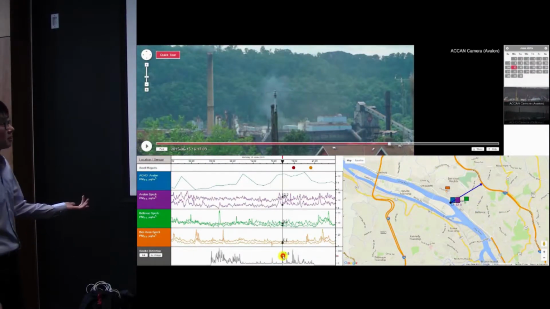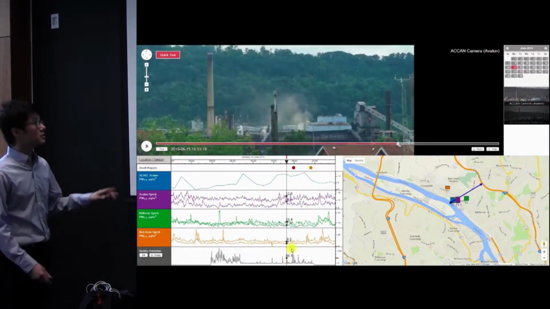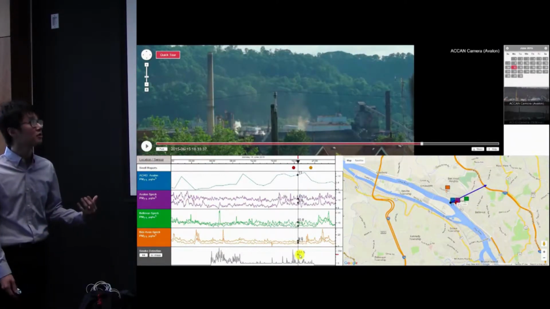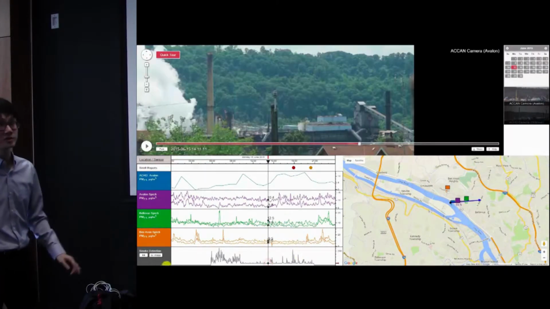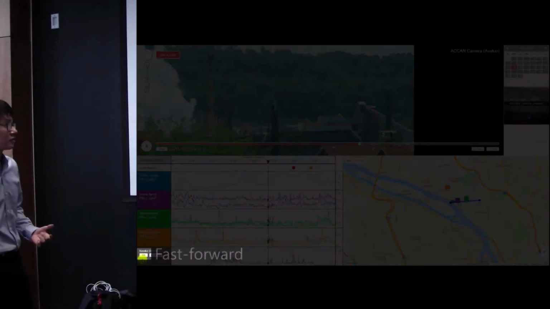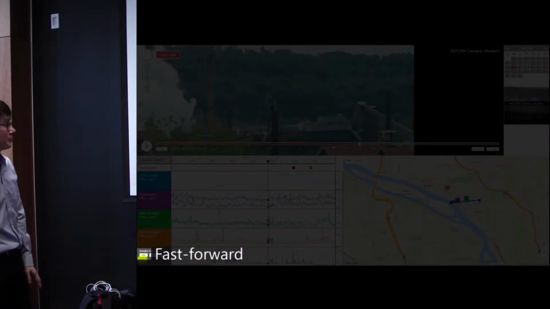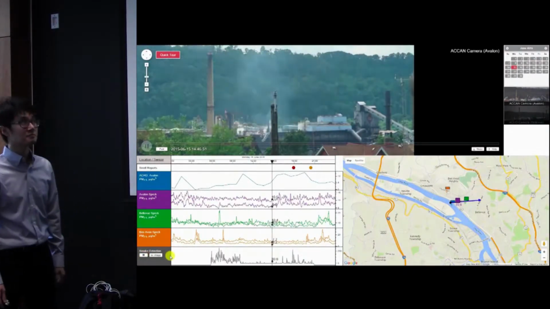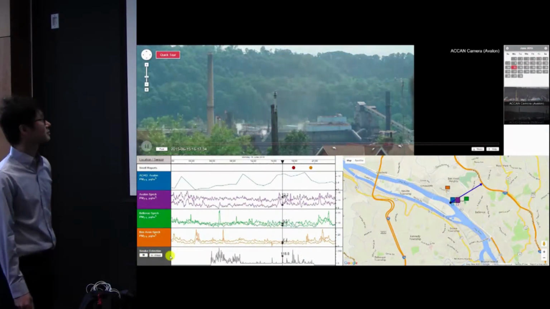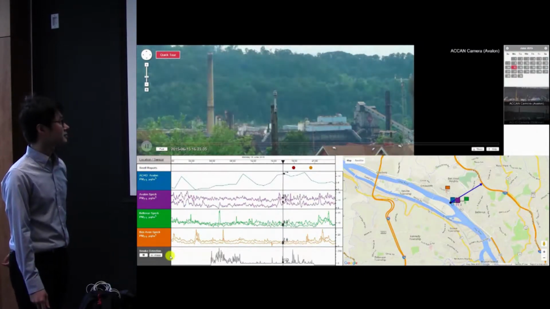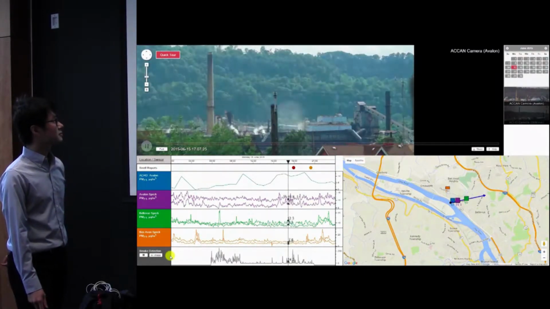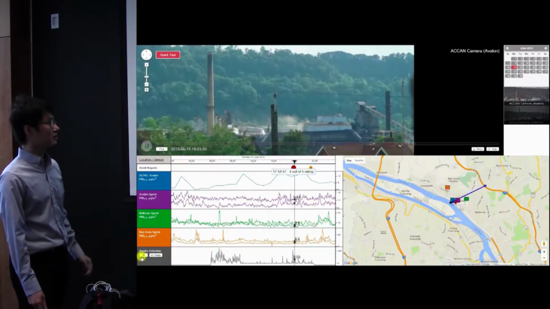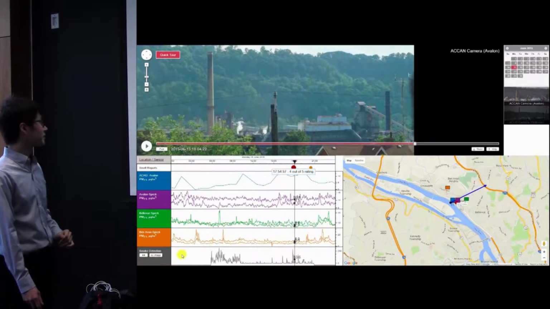So this algorithm allows people to quickly check which part has smoke, so they don't need to go through all the images, because we have years of data, and it would take a lot of time for people to go through all of them. And they can also fast forward.